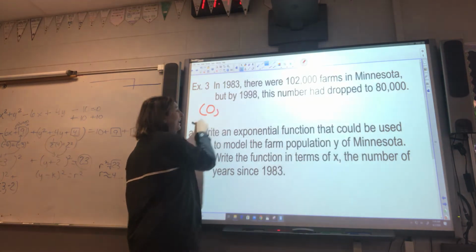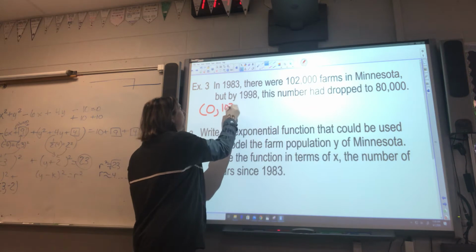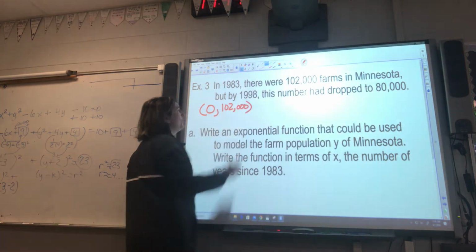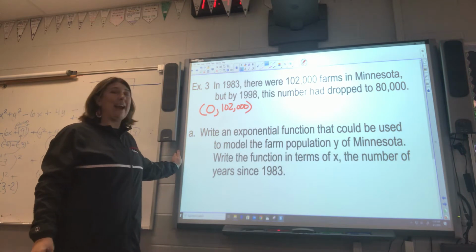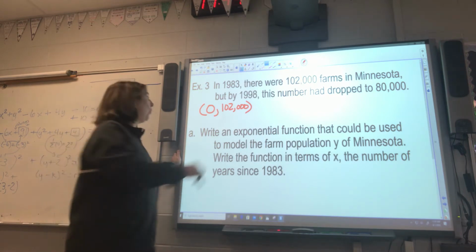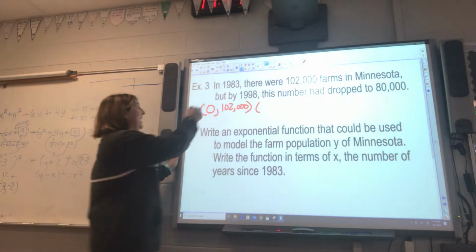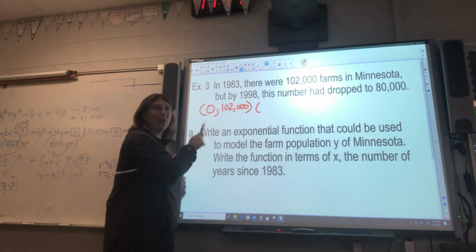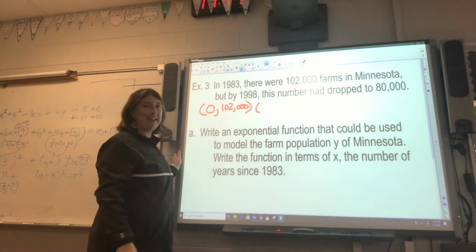So in 1983, year 0, the year the study started, there were 102,000 farms in Minnesota. By 1998, there were 80,000. Now, we're not going to put in 1998. We're going to think of the idea, if 0 was 1983, how many years later was 1998?